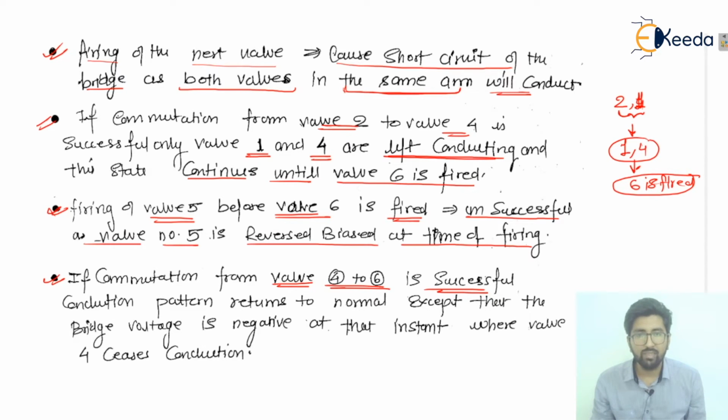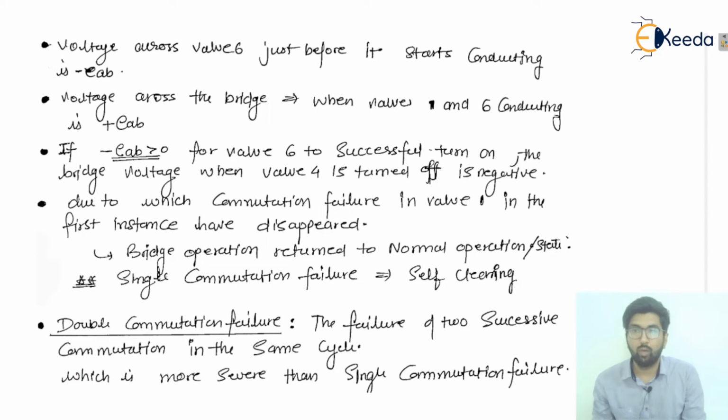The pattern returns to normal, except that the bridge voltage is negative at that instant where valve 4 ceases to conduct, meaning it is not conducting now. The voltage across valve number 6 just before it starts conducting is minus EAB. Now it is in reverse bias.